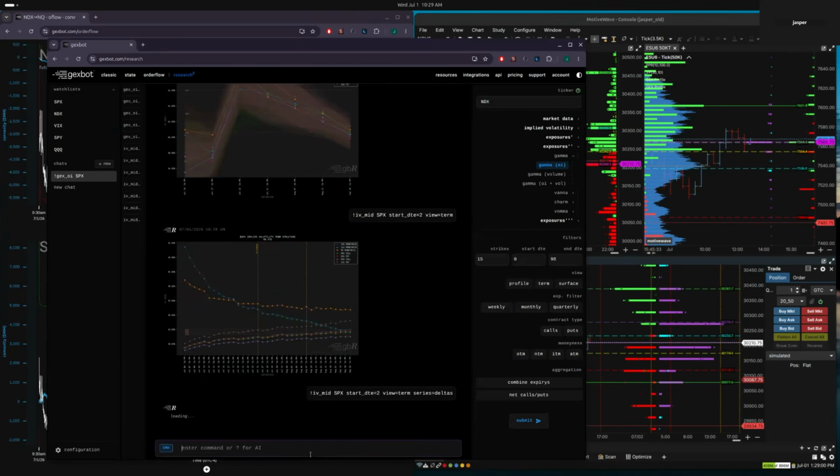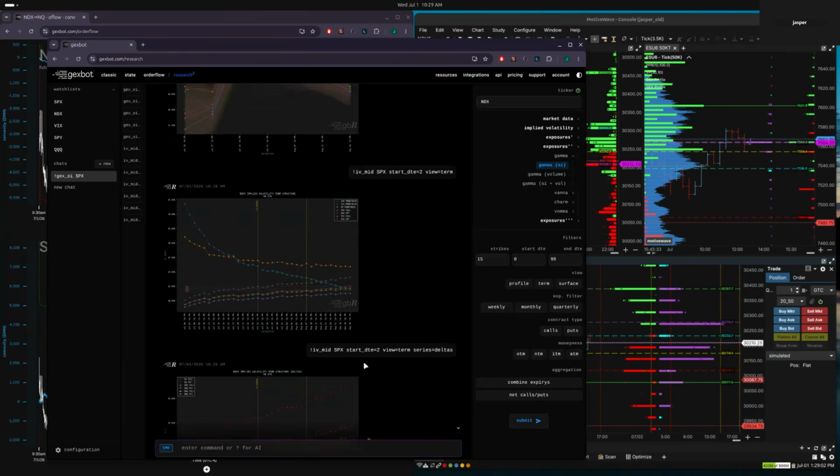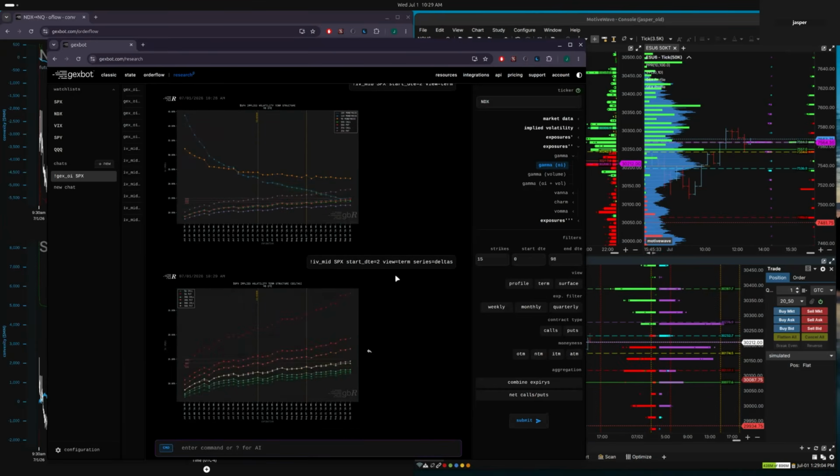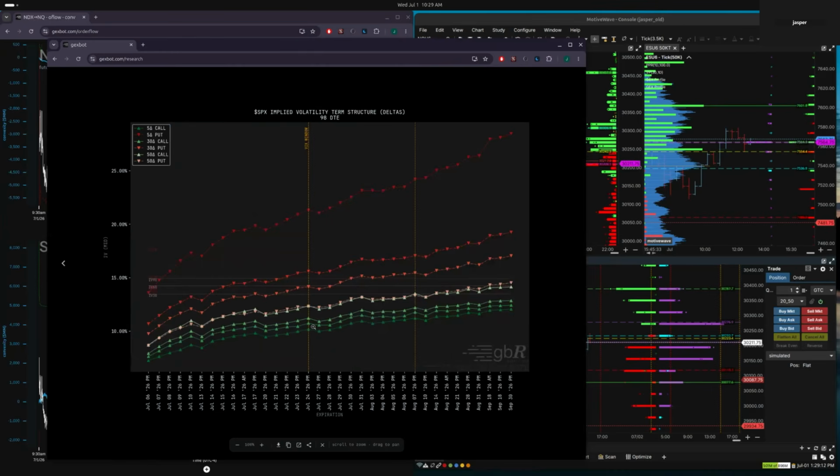We should make this more obvious. This really should be a default, to be honest. There's a parameter, I don't think it's clearly denoted, called series equals deltas, where instead of plotting by moneyness, it's just plotting by deltas, right? So you can actually see the skew, right?